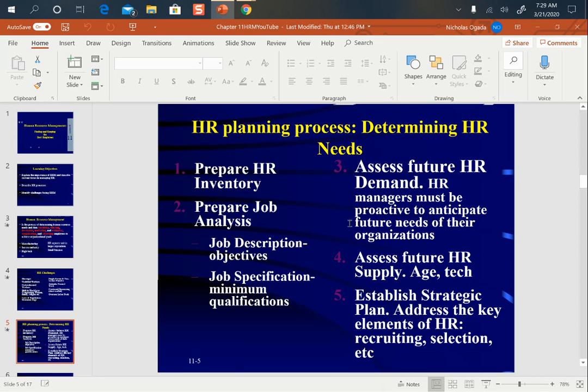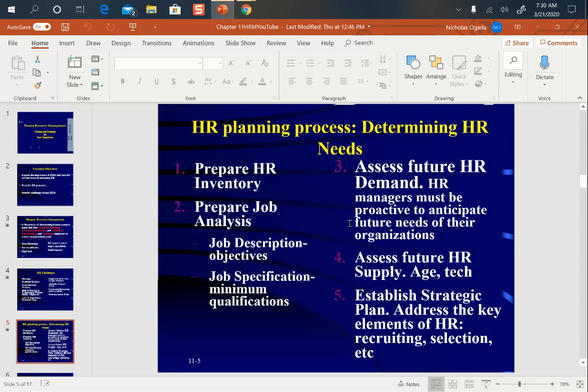So again, if you look at the demand and the supply and your inventory, it could be you really have enough employees with the skills that you require in the future. In that case, in terms of recruitment, you're going to undertake an internal recruitment because you already have employees who will be able to fill positions in the future.